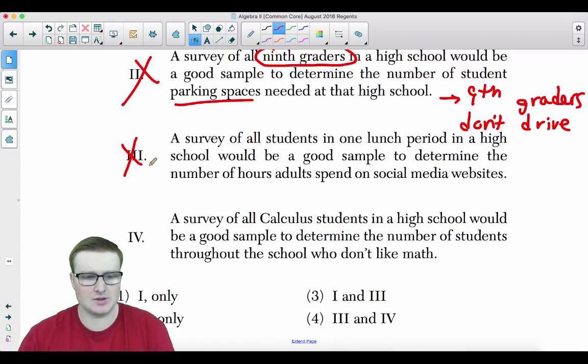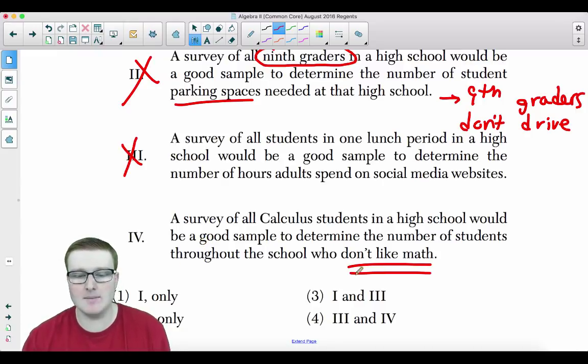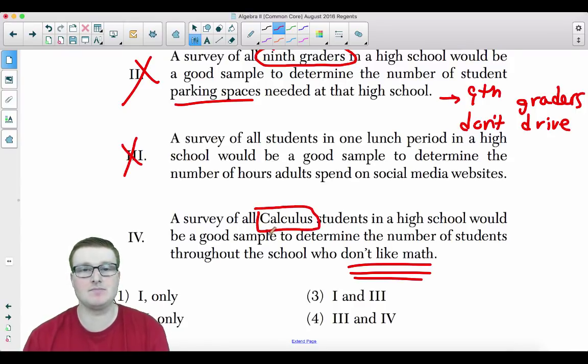And option 4 says a survey of all calculus students in a high school would be a good sample to determine the number of students throughout the school who don't like math. Now, you have to know what calculus is. You should know that calculus is like the highest level of math you could take in high school.